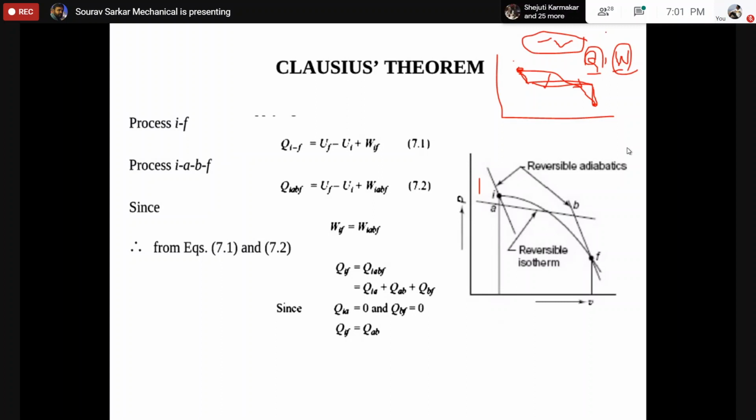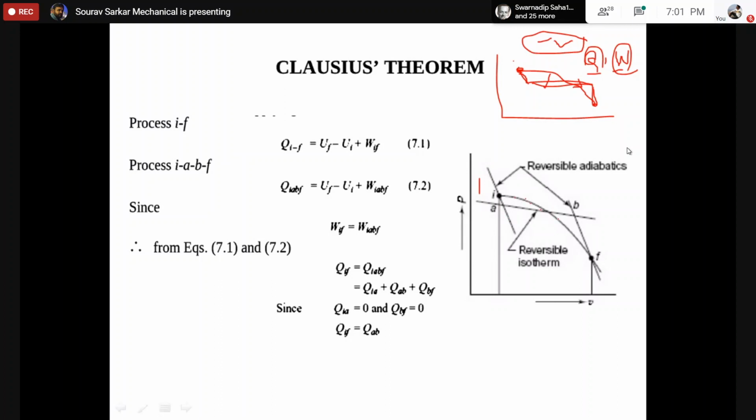Because internal energy is a point function, as you correctly pointed out, internal energy is a point function, it will not depend upon the intermediate points. But he raised a very good point that, sir, you are removing this path by this path, but still you are missing these intermediate points.